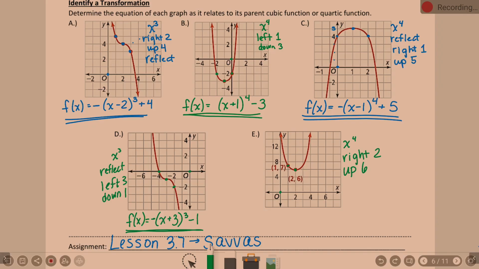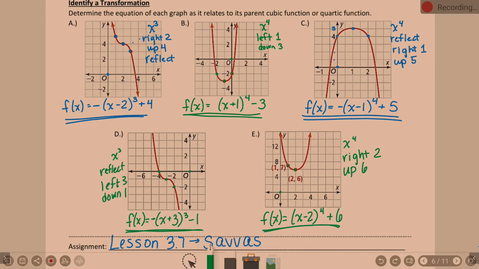So just beware when they do silly stuff like that. F of x equals right 2. It's going to be x minus 2 raised to the power of 4, because it's a quartic. Up 6 is a plus 6. No reflection, no stretch or compression. So there you go. Okay?